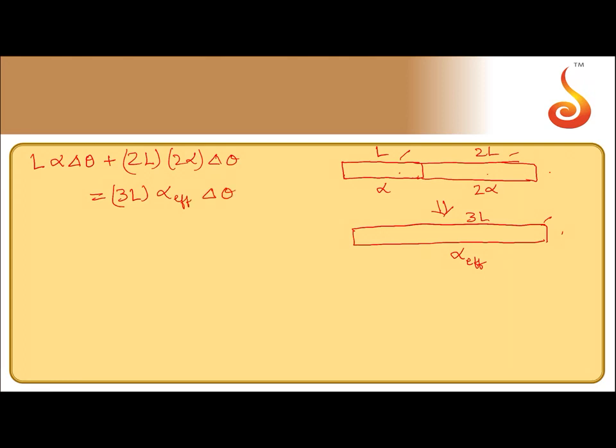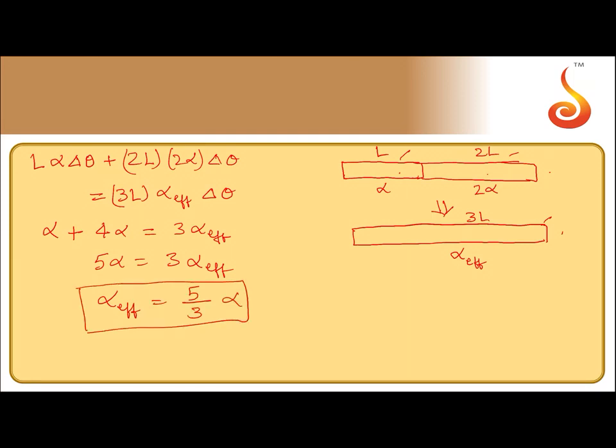Throughout L gets cancelled, then delta theta gets cancelled, we are left with alpha plus 2 2s are 4 alpha is equal to 3 alpha effective. So 5 alpha is equal to 3 alpha effective. So alpha effective is equal to 5 by 3 alpha. So that should be option C.